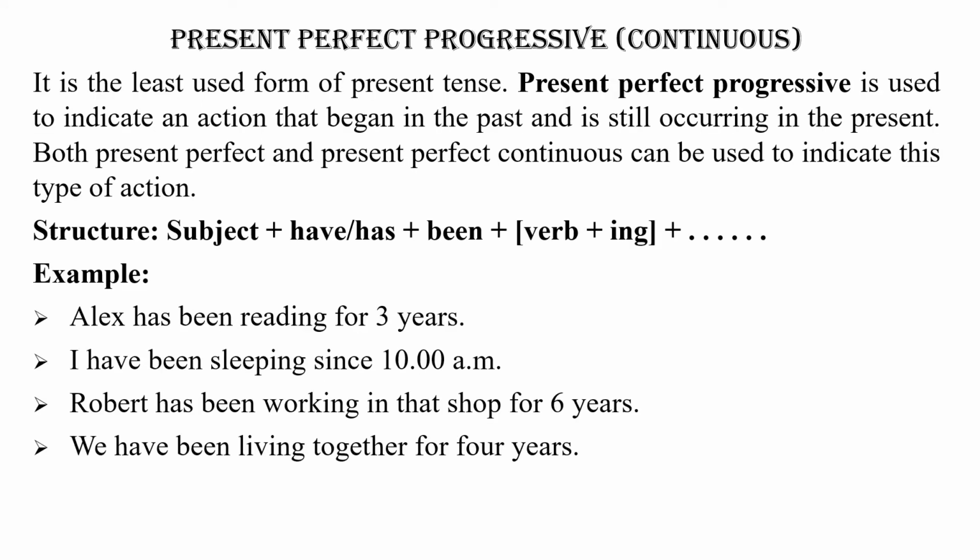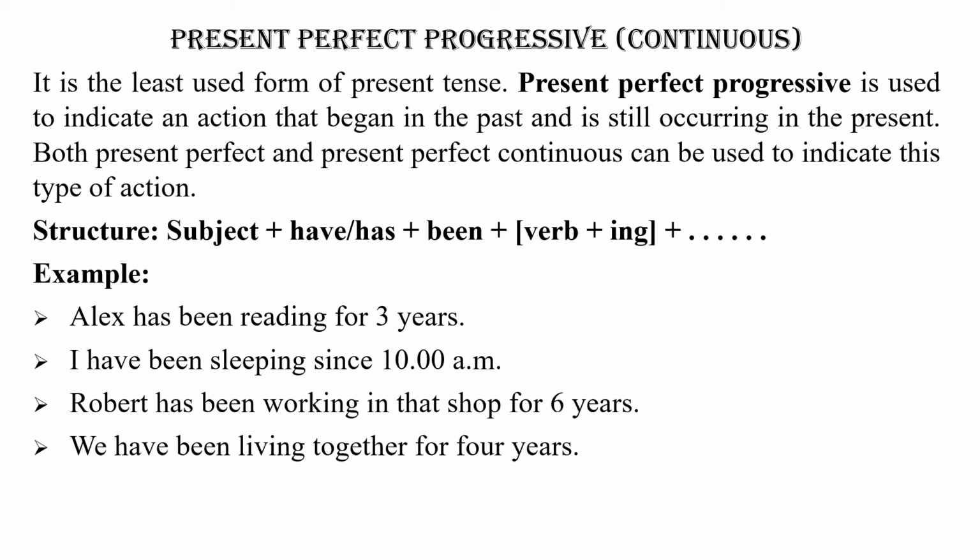Present perfect progressive, or present perfect continuous tense. It is the least used form of present tense. Present perfect progressive is used to indicate an action that began in the past and is still continuing or occurring in the present.